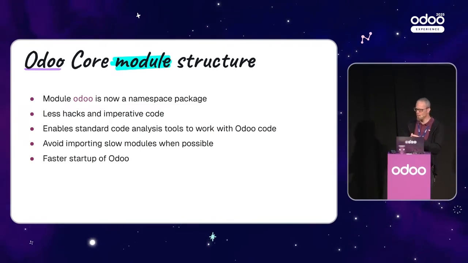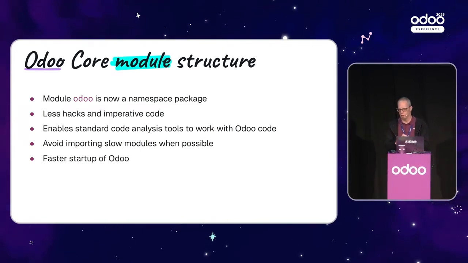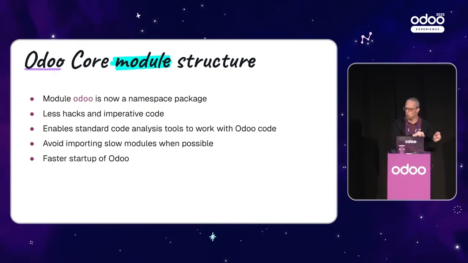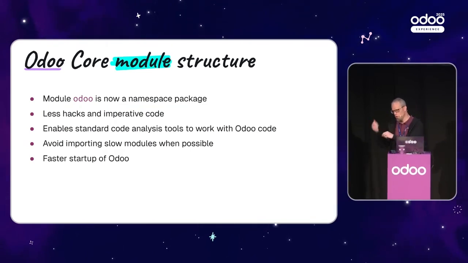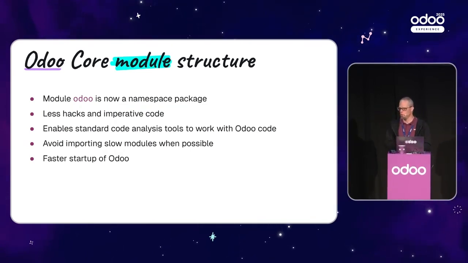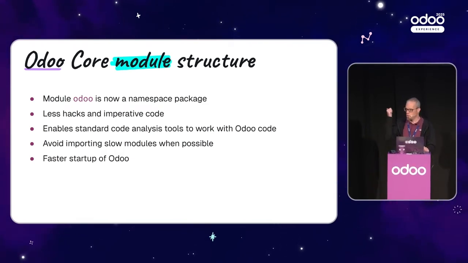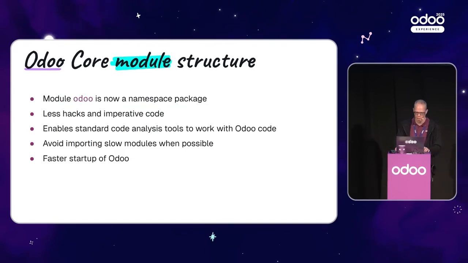The good bit is that it enables tools that analyze your code or provide auto completion to work with the framework. Otherwise, it simply wouldn't work because it was confused about the way this package was organized, or disorganized. So that was essentially the main thing.